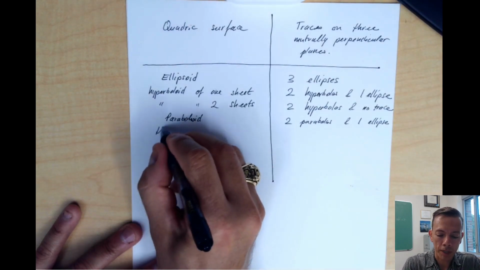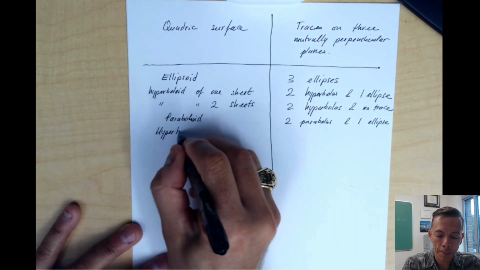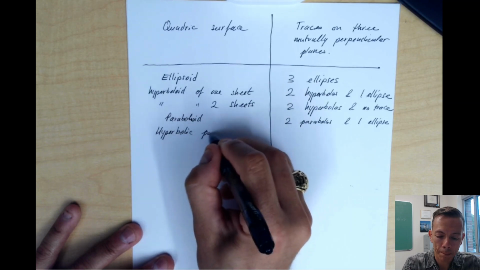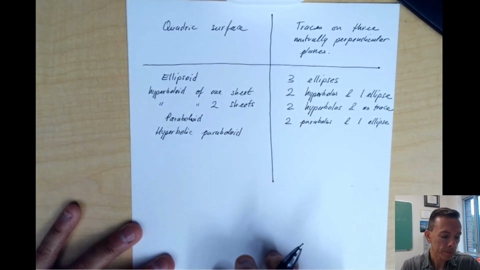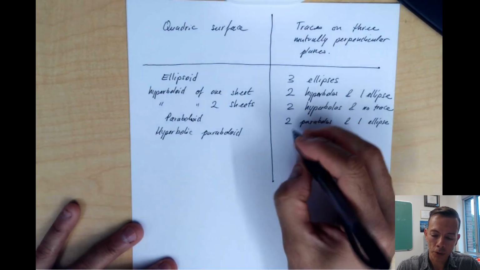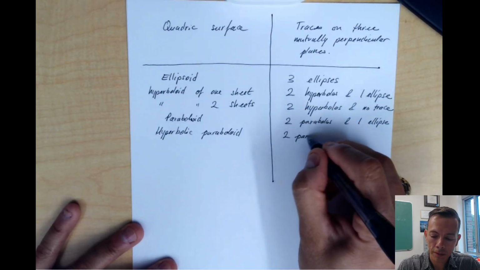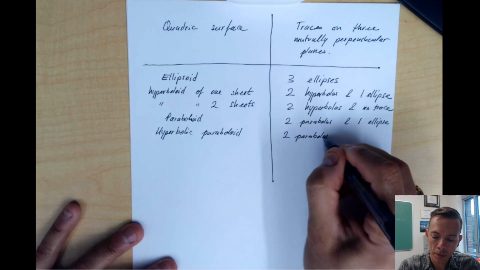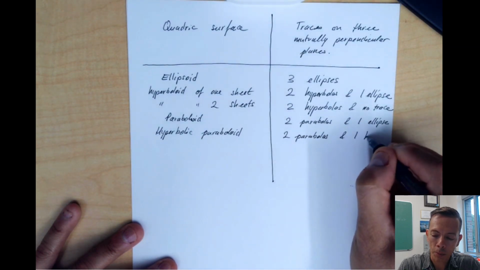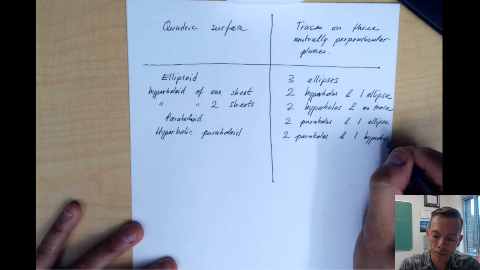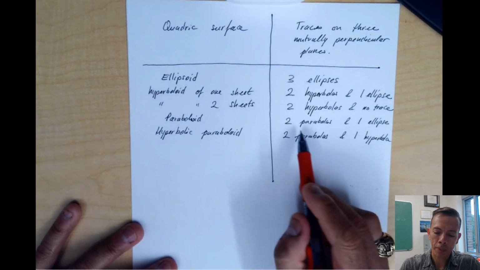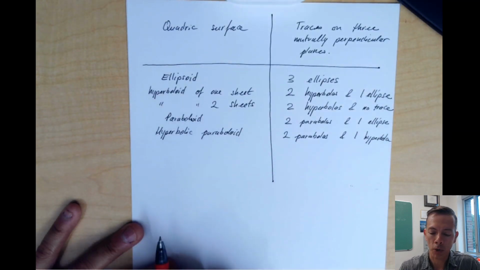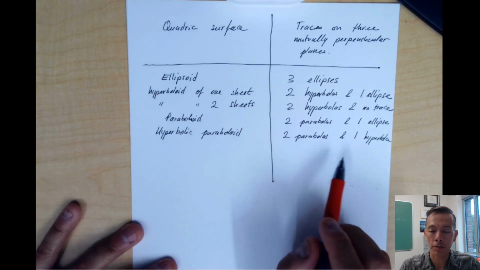If you have a hyperbolic paraboloid, you also get two parabolas and a hyperbola. So you can also always look at the difference between these two kinds of paraboloids by looking at the orientation of the two parabolas.